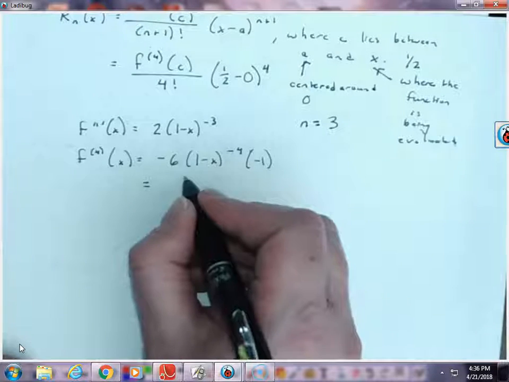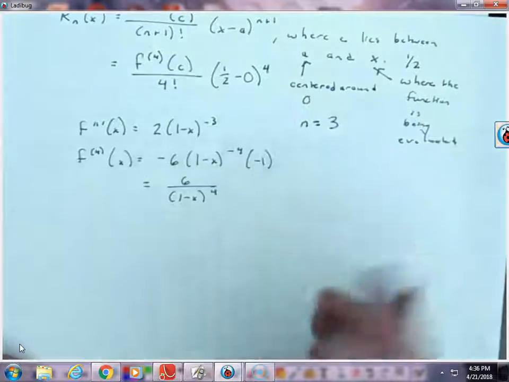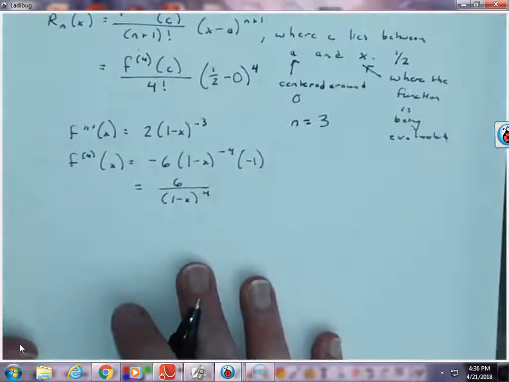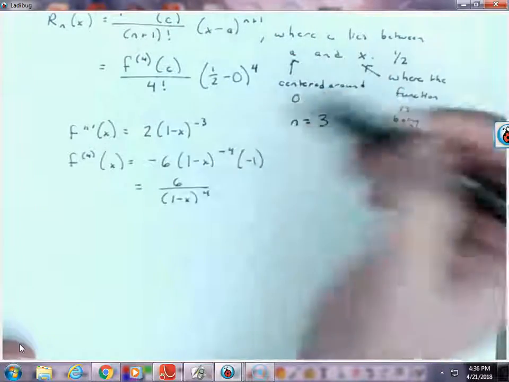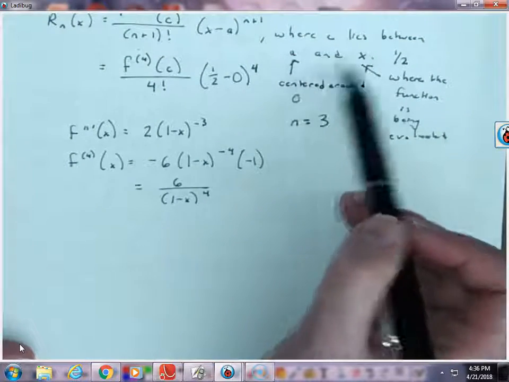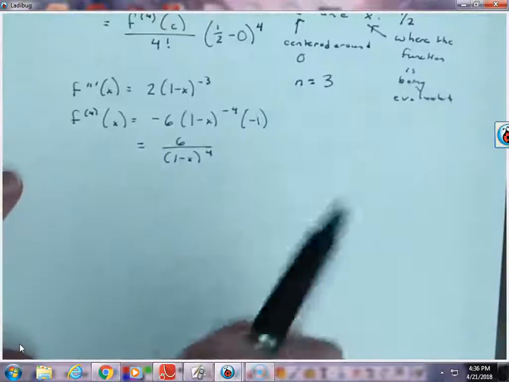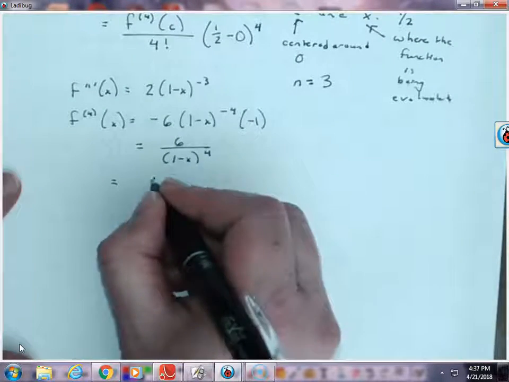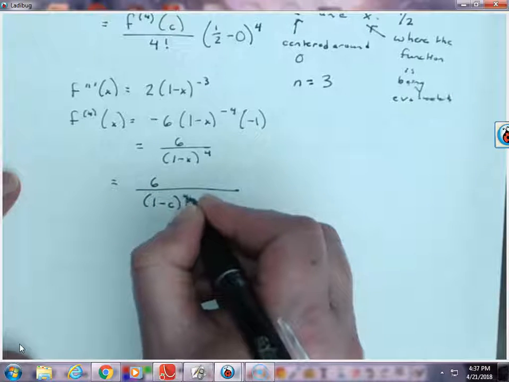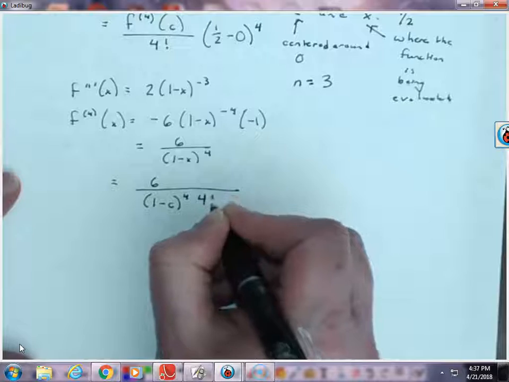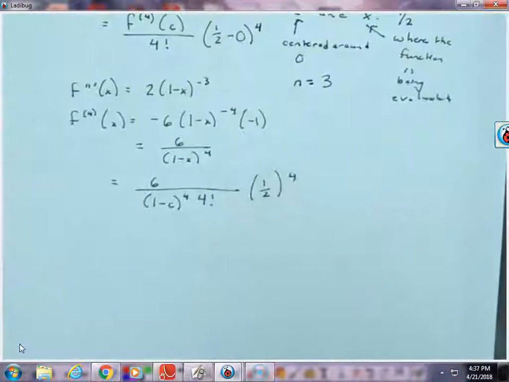Okay, so this would multiply, give you a positive 6 over 1 minus x to the 4th. Okay, so that's my 4th derivative. I'm just going to rewrite that, putting in a c, and then I'll decide what would make it largest, anywhere between 0 and 1/2. So if we substitute that in, we'd have 6 over 1 minus c to the 4th, 4 factorial, 1/2 to the 4th.